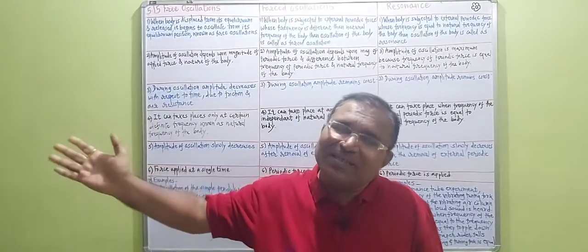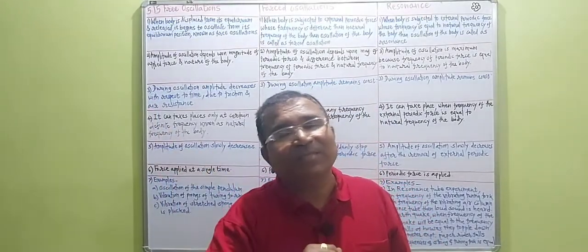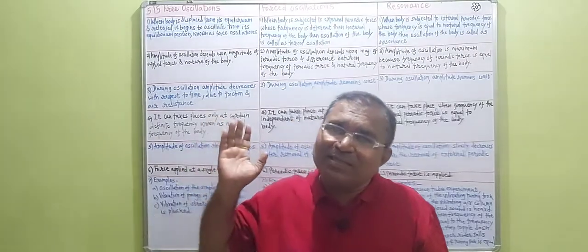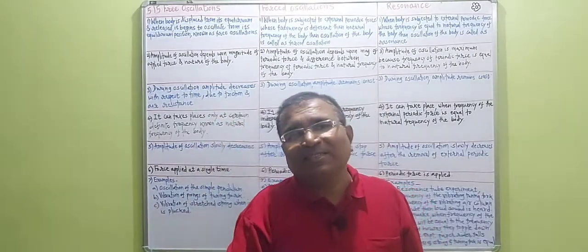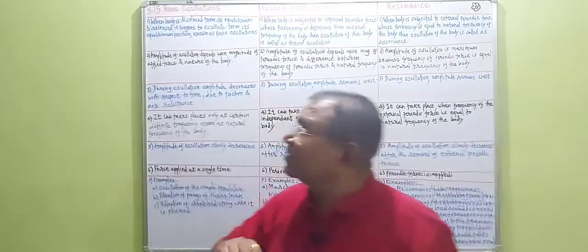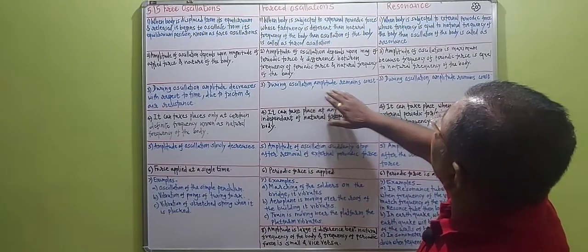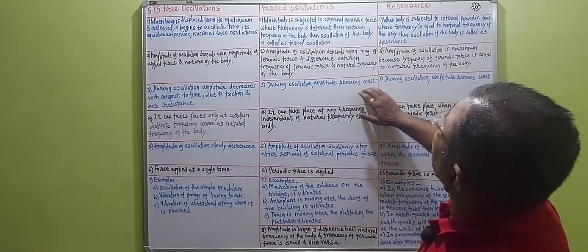In free oscillation, amplitude continuously decreases with respect to time. But in forced oscillation, amplitude remains constant. So I have written here, during oscillation, amplitude remains constant.